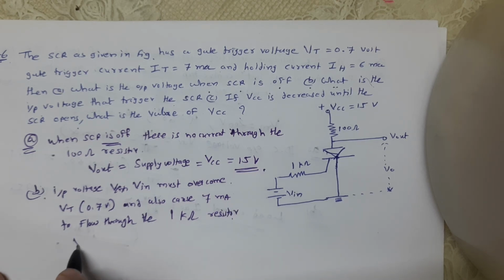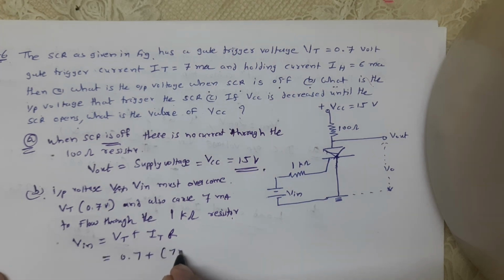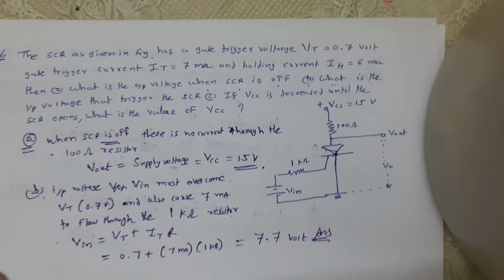So Vin is equal to Vt plus It R, that is equal to 0.7 plus 7 milliampere into 1 kilo ohm, and this is equal to 7.7 volt. This is the answer B.